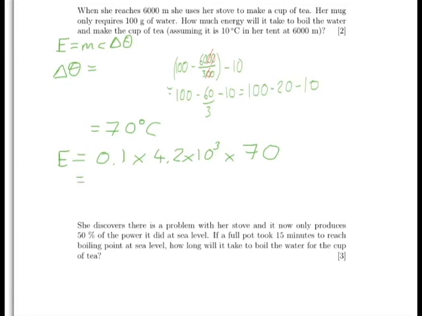So that's the same as saying 4.2 times 10 to the 3 multiplied by 7. Multiply the 0.1 and the 70 together. And after you've done your long multiplication, you'll end up with an answer that is 29.4 kilojoules. 29.4 times 10 to the 3 joules.